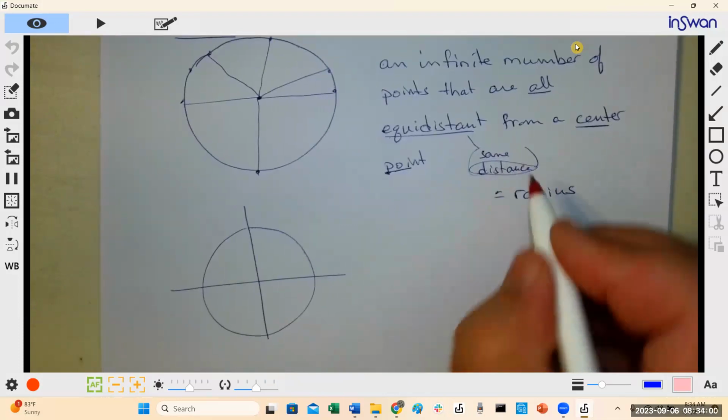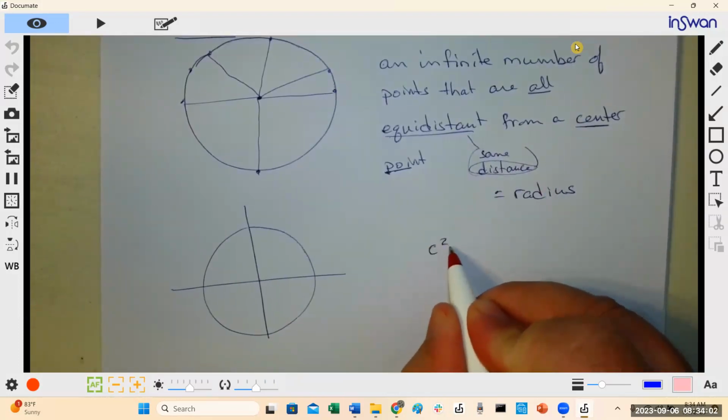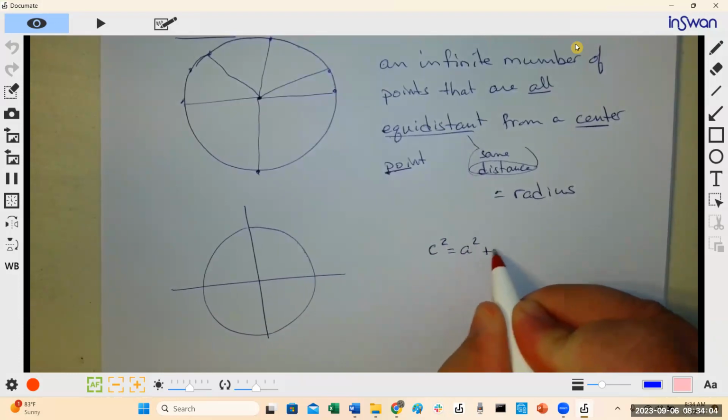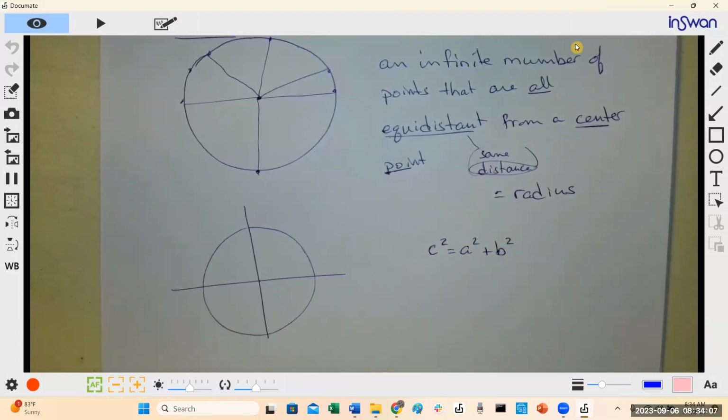When we talked about distances last, we talked about the Pythagorean theorem. That's what we use to find the distance between 2 points of a line in a triangle. We do the same thing to define the equation of a circle.